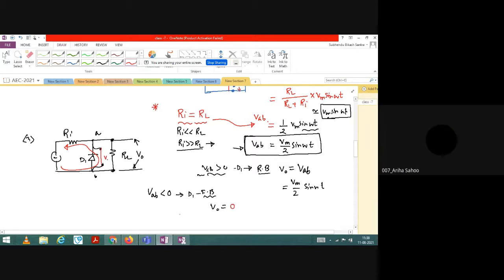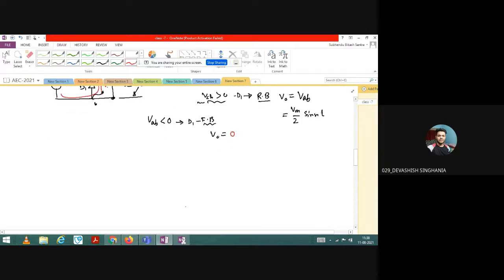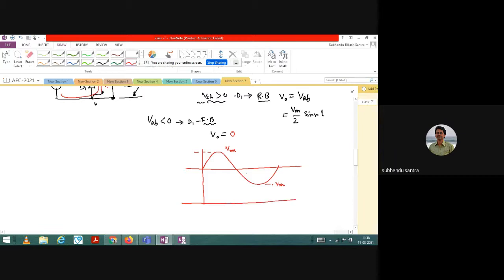Now, again, I am drawing the input-output characteristics, and there is an important learning point. So this is your input voltage, this is Vm, and that is minus Vm. But when I am using the internal impedance, what output voltage are you getting?